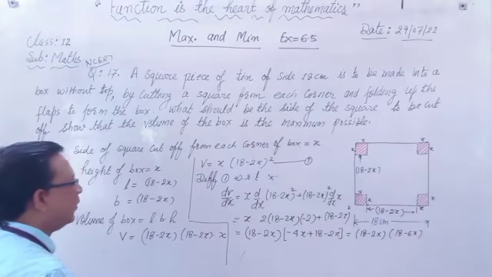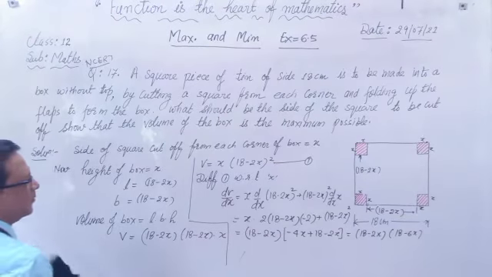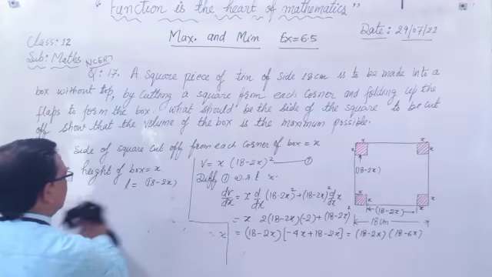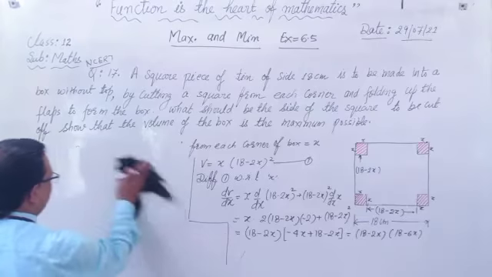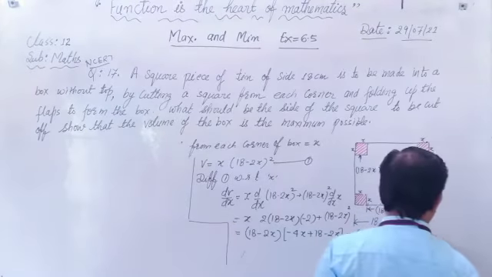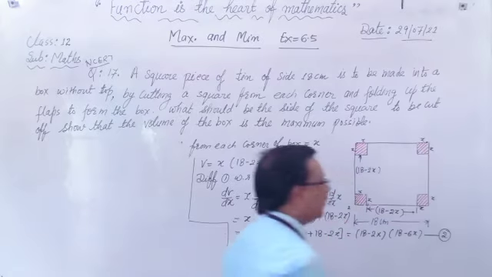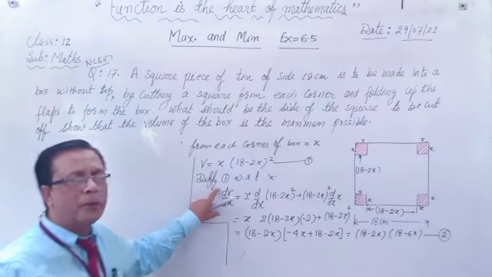Now for the maximum and minimum value of x. Student, let us consider this is your second equation. For the maximum and minimum value of x, dv upon dx must be 0.